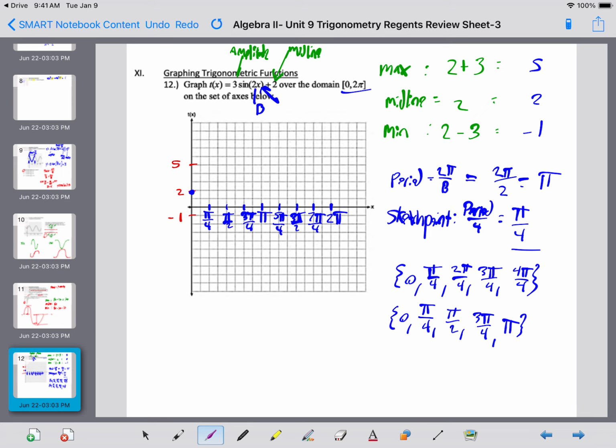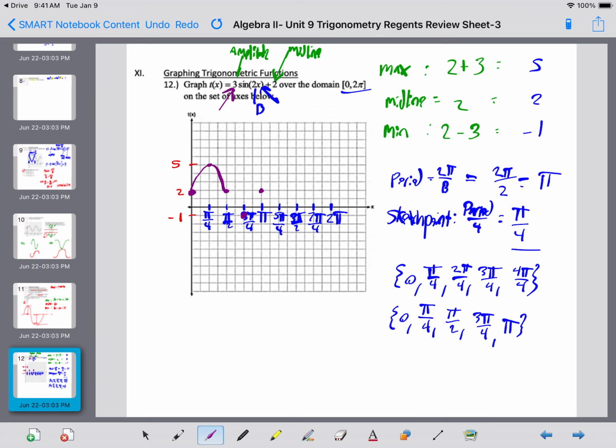Okay, and then to graph this, start at the midline. This is positive, so we're going to go up. It's just your basic sine. If it was negative, you'd go down. So we're going to go up to the maximum, down to the midline, down to the minimum, up to the midline.